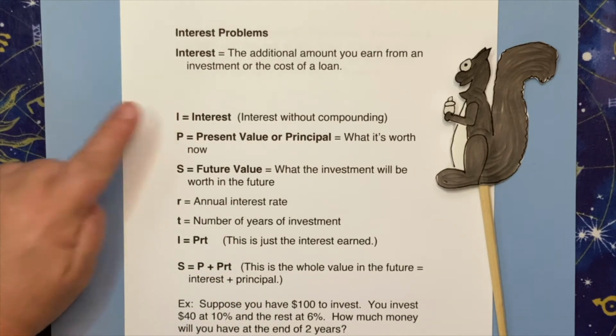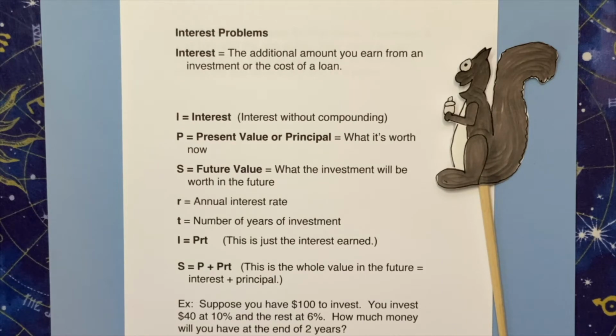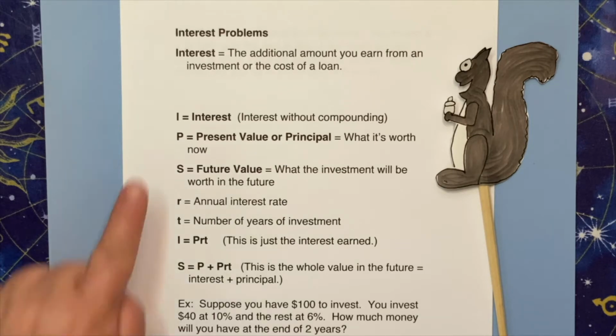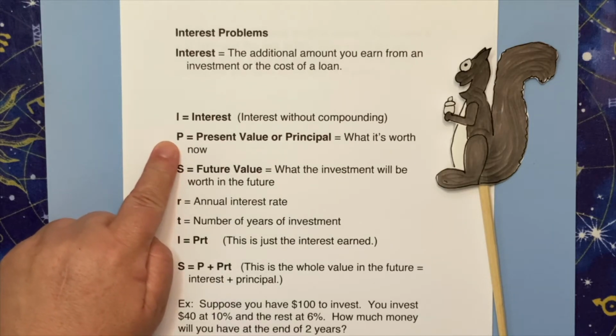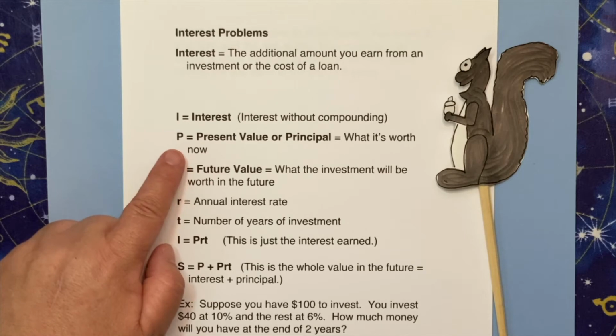Capital I is generally going to stand for interest, and in this case it's going to be interest without compounding, so simple interest. P is going to stand both for present value and principal, which are possibly slightly different concepts depending on how you're looking at it, but basically boil down to what is the money worth now?